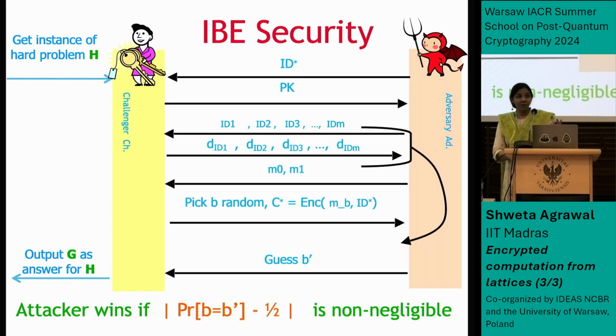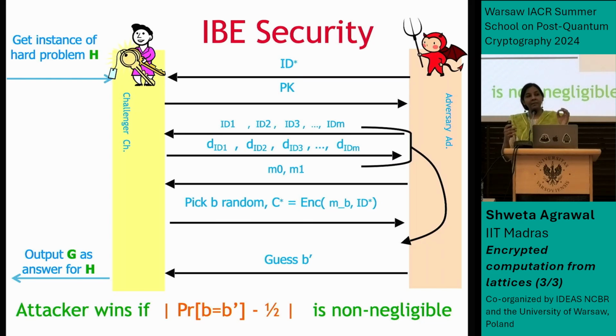Very good question. Let me also repeat the previous question for the sake of the recording. The previous question was why is ID star output at the very beginning rather than at any other point? And the follow-up question is, can you say what makes it hard to handle the ID star being anywhere else in the game? You will see exactly why in the proof. Let me still give a high-level answer right now.